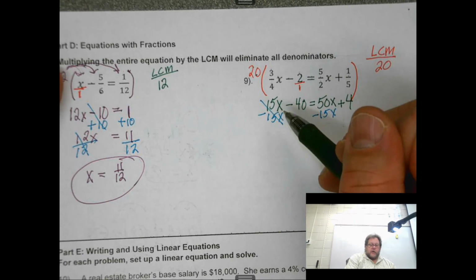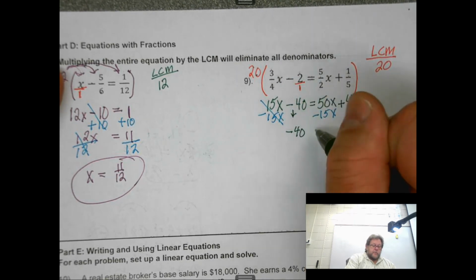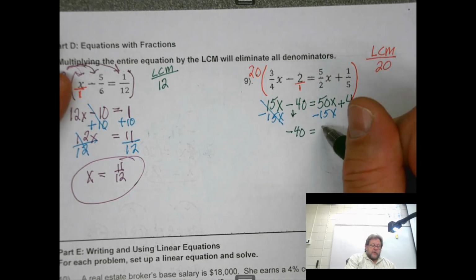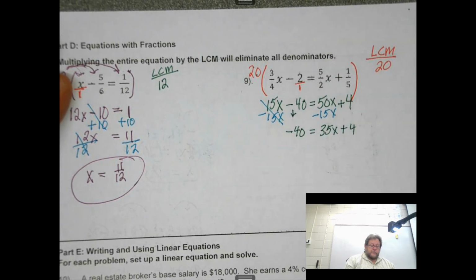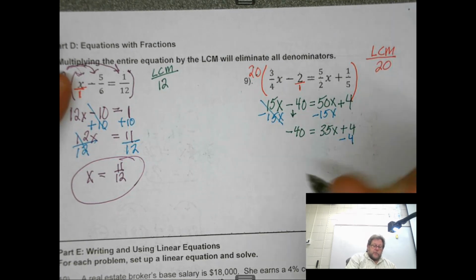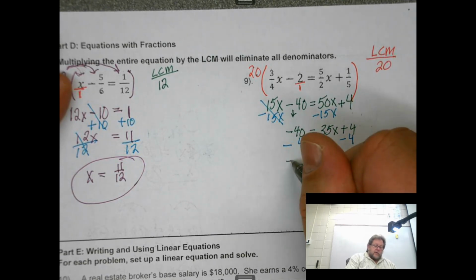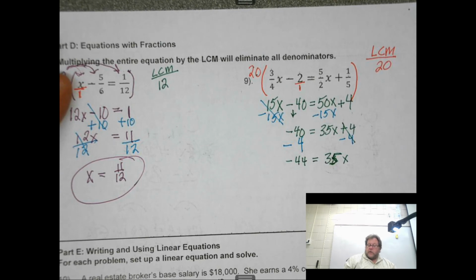Negative 44 equals 35x. 4's cancel. Divide by the coefficient, 35. Yeah, that's right, 35. Thought I made a mistake. So x equals negative 44 over 35. And you could leave it this way, or you could put the x first. Doesn't matter.